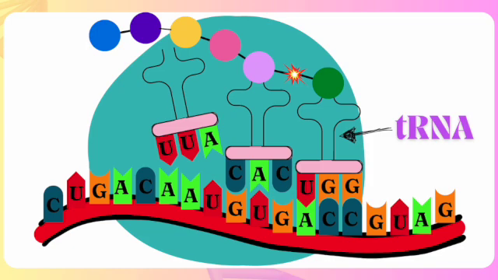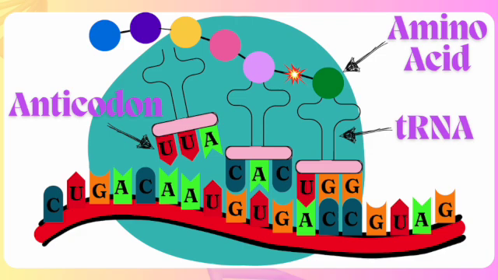So this is your tRNA. You can remember it because it almost looks like a little T carrying a little oval, and it'll always be carrying these base codes. That is your anticodon. And these little circles up here would be your amino acids.